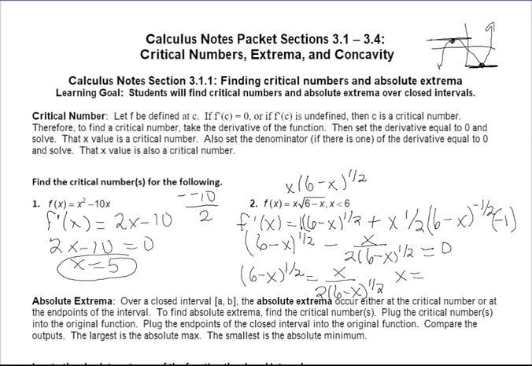And then 6 minus x to the 1/2 times 6 minus x to the 1/2, well, first of all, let's put the 2. But when we're multiplying a radical times a radical, the radical just goes away. So this would be just times 6 minus x. And so now we're going to have x equals 12 minus 2x. I'm kind of running out of room, but if I take that 2x over there, I'm going to get 3x equals 12. And so this critical number, squeeze it in here, is going to be at x equals 4.